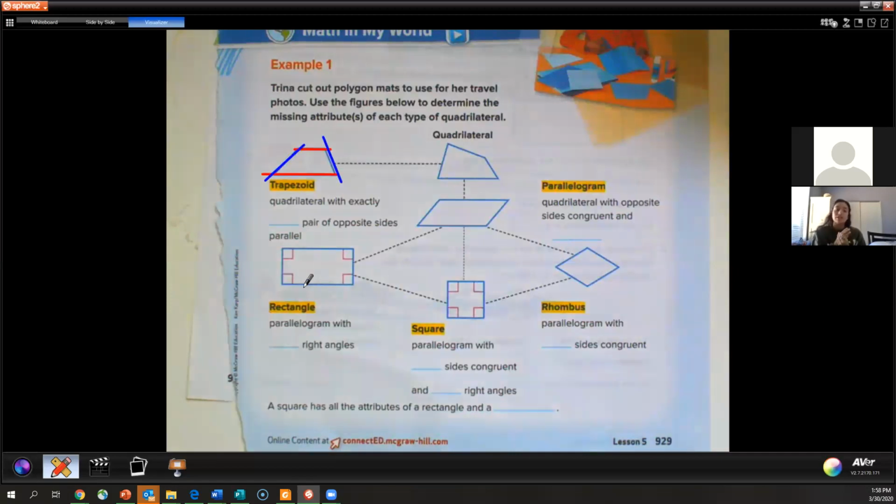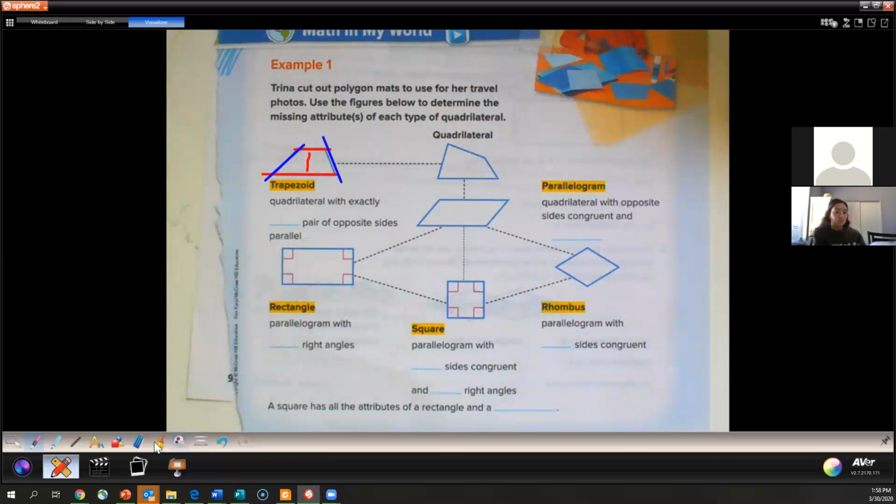And what intersect means is that they will never cross or touch each other. So I want you guys to take a look at the trapezoid and think to yourself, which color is going to be the pair of opposite sides that are parallel? And if you thought to yourself the red, then that would be correct.